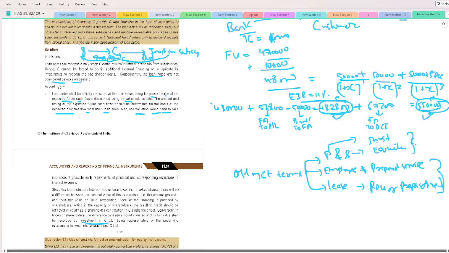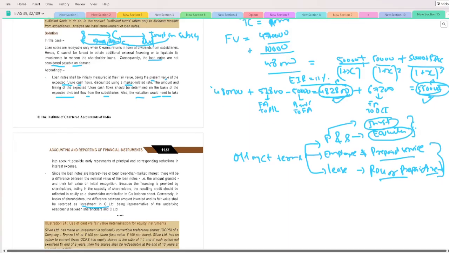The difference here goes in the parent's books as investment in the subsidiary, and for the subsidiary it will be the equity capital you have raised. So equity share capital here, prepaid service here, and prepaid rent here. So three types of the off market transactions.